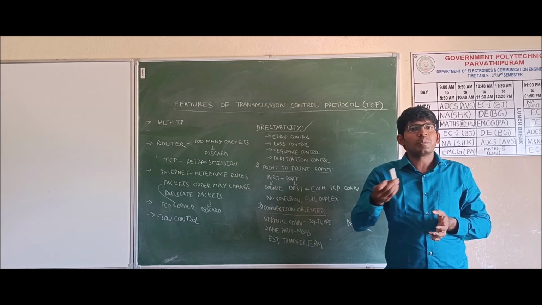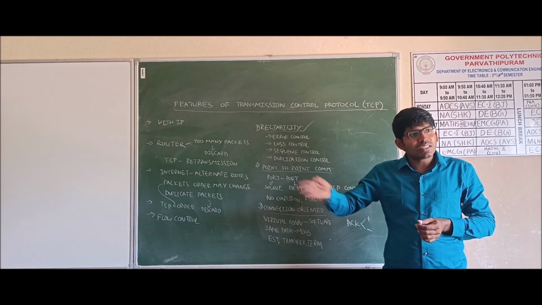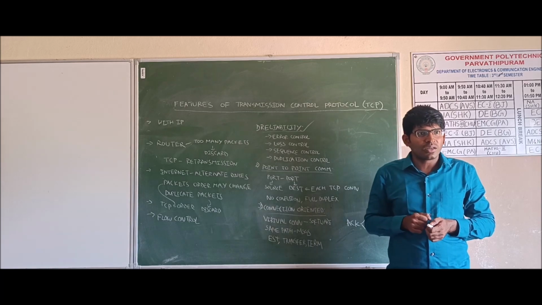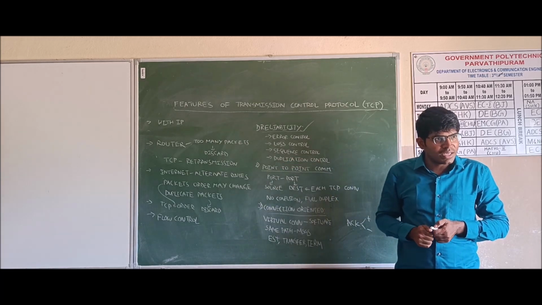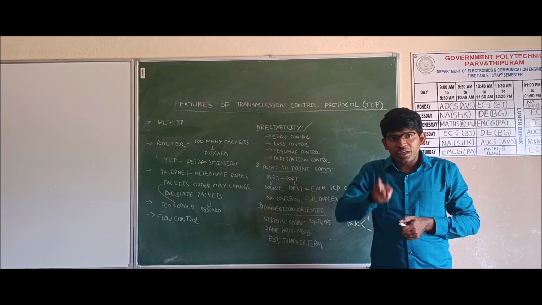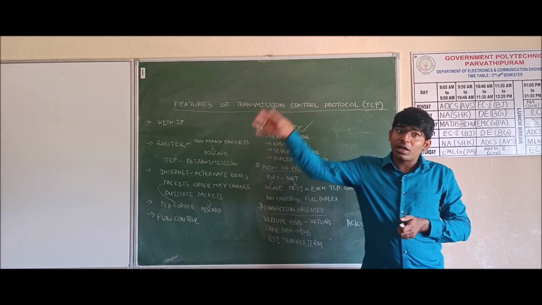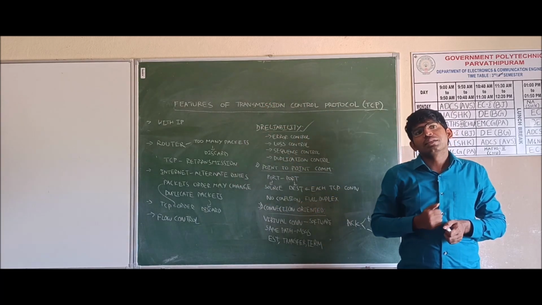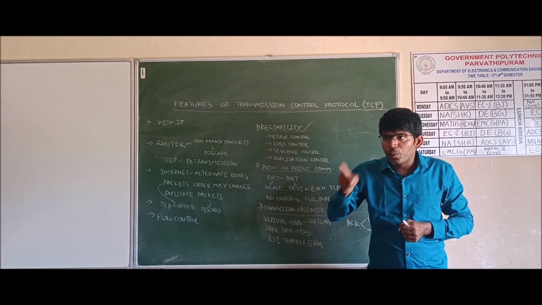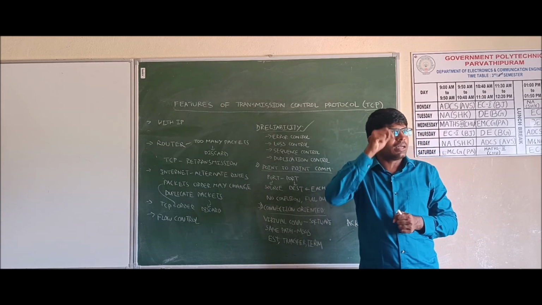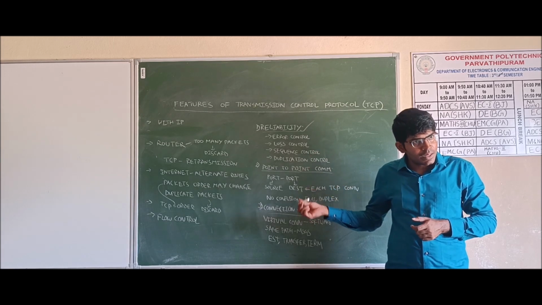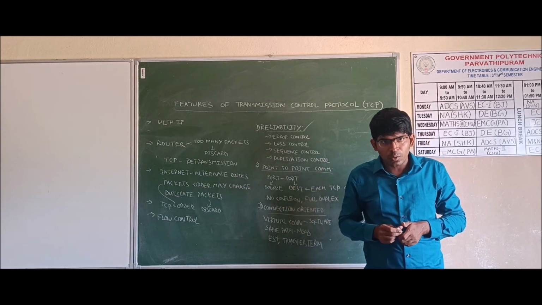Example, I am asking for a chalk piece. Two persons went, by that time one person already brought it, and the second person is bringing it again. When retransmission happens, sometimes the packets may come in duplicate. At that time, that duplicate packet should be discarded. That should be done by the TCP, Transmission Control Protocol.